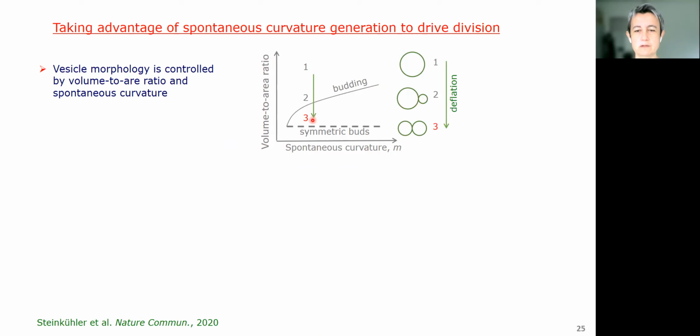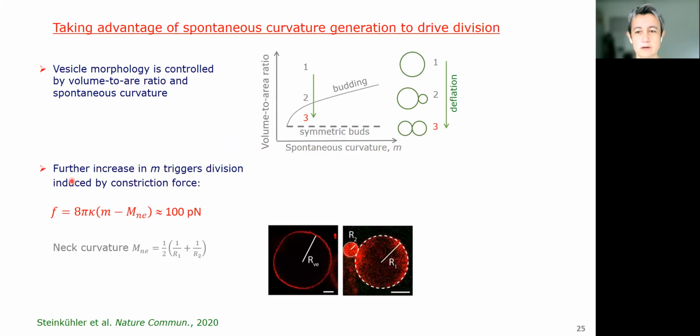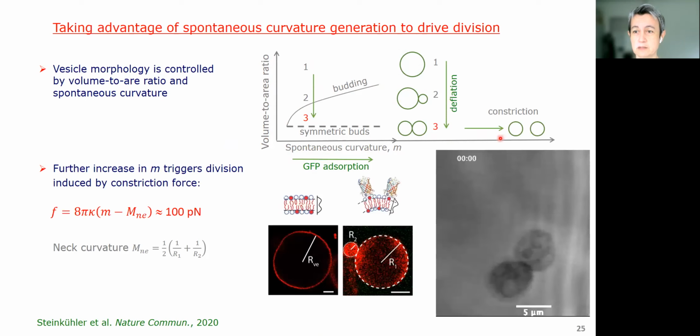If you quench it even deeper, you're going to end up with a dumbbell vesicle with a little neck. And now, if you start increasing the spontaneous curvature at this point, you can get fission of this neck, or division of the vesicle, simply because the spontaneous curvature can induce a constriction force, which is substantial, up to 100 piconewton. Here, this is the neck curvature.